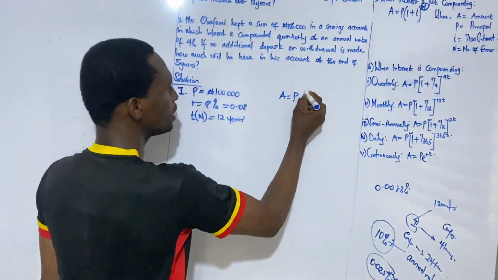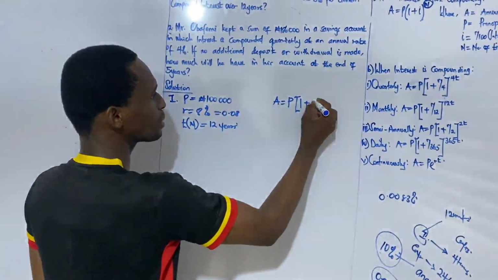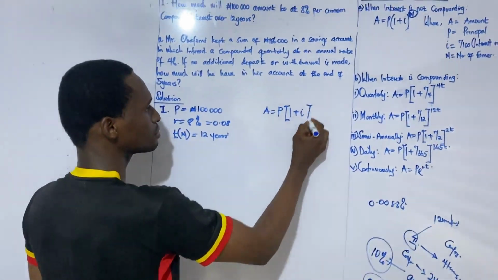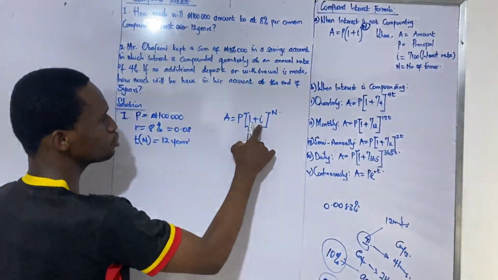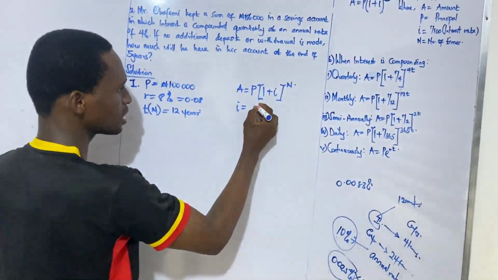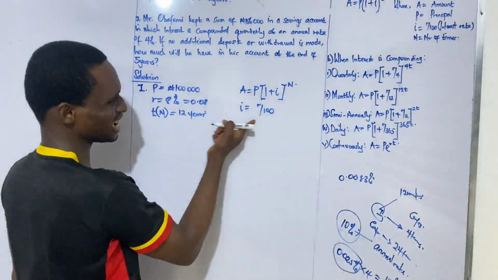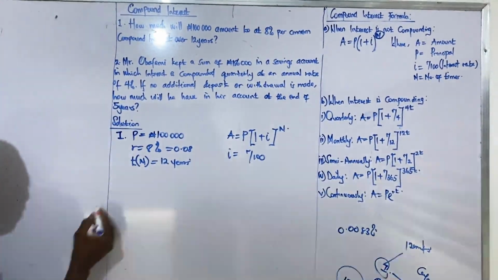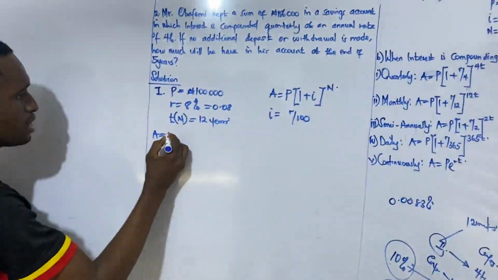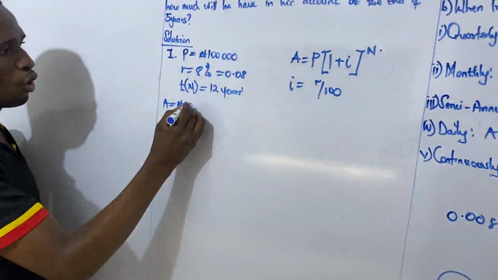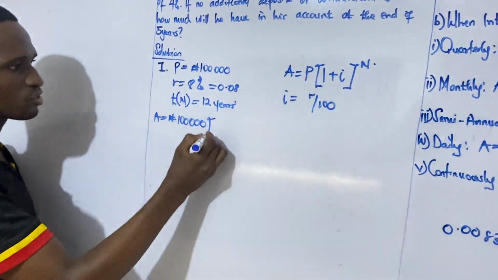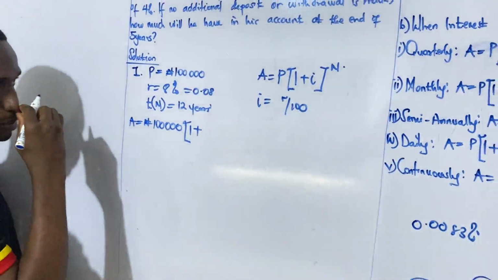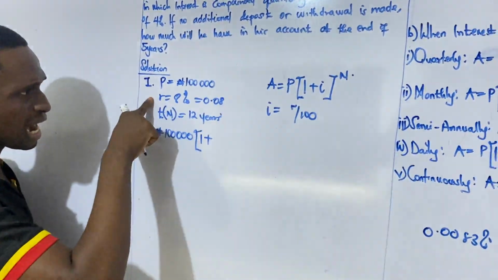So bring out your formula: A equals P into bracket 1 plus I raised to power N. Take note, this I is R over 100 when your interest is not compounding. So A equals, what's my P? 100,000 naira into bracket 1 plus R over 100.